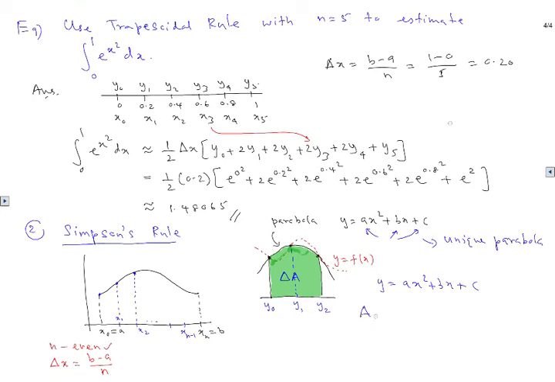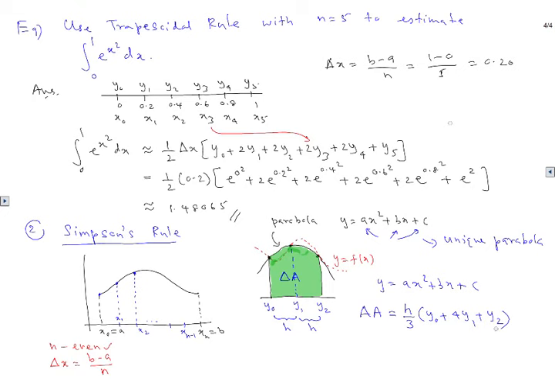I'm going to skip that part. If the gap is h, there's an h and there's an h, and you can show that the area is h divided by 3 times y0 plus 4y1 plus y2.